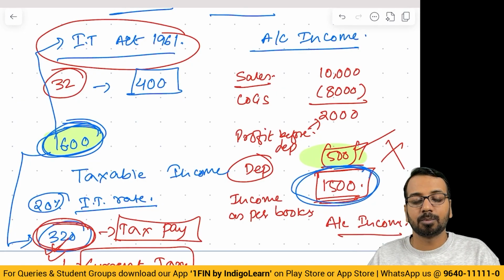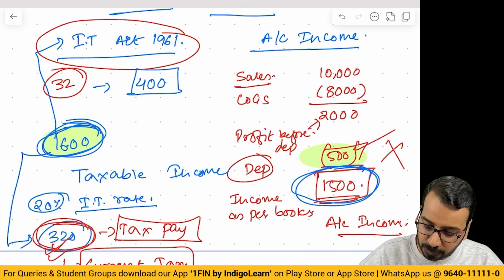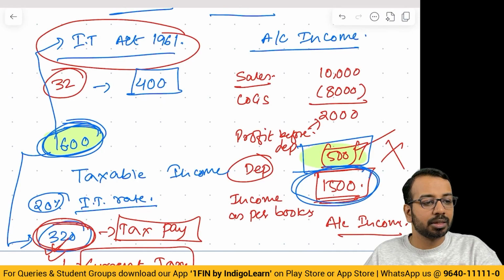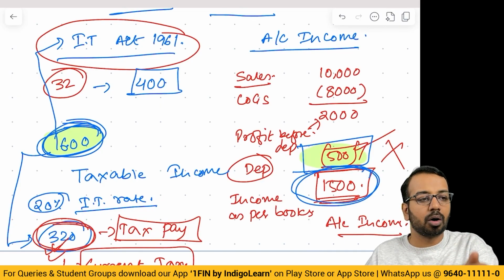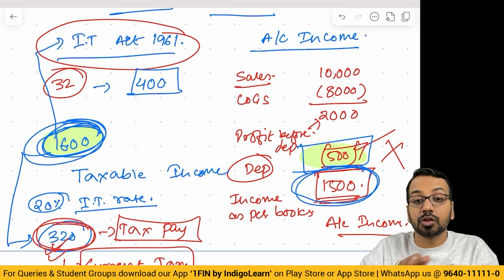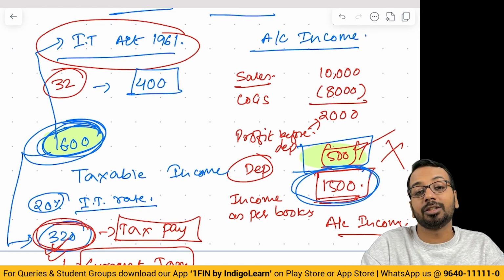There is a mismatch. Why is there a mismatch? My expense is 500 here, but for tax purposes, for calculating income tax, I have reduced 600, not 500. So there is a mismatch. We have violated the matching concept.